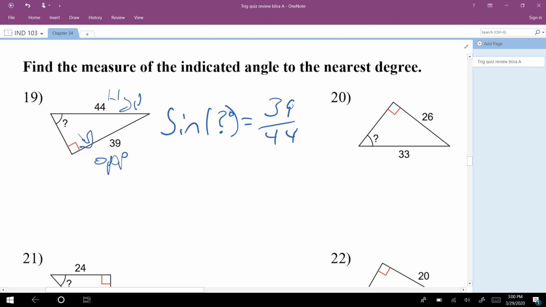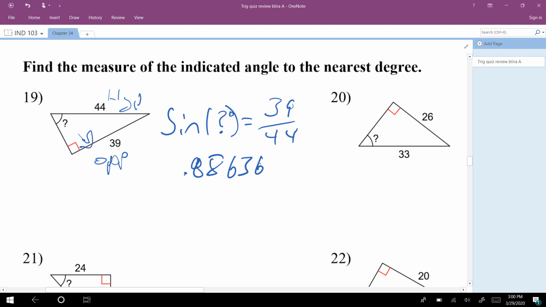Now, in order to make this work, you're going to do 39 over 44. So 39 divided by 44 gives me something like 0.8863. Okay?